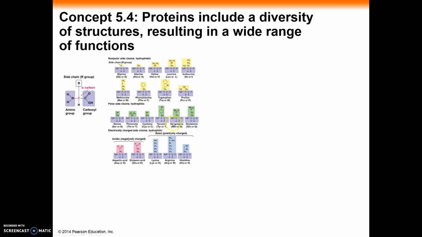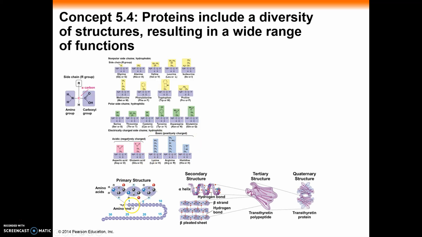Within those hydrophilic, we could just be polar or actually be charged, either acidic or basic in nature. That overall primary sequence of a protein will lead to the formation of secondary structures. Those secondary structures can then be folded on top of themselves to provide this tertiary structure. The overall tertiary structure is mostly dependent on what those side chains are. The secondary is largely dependent on the actual backbone itself.